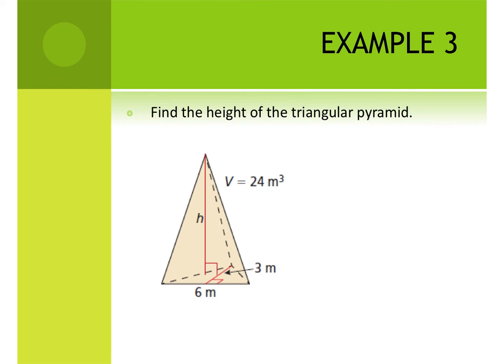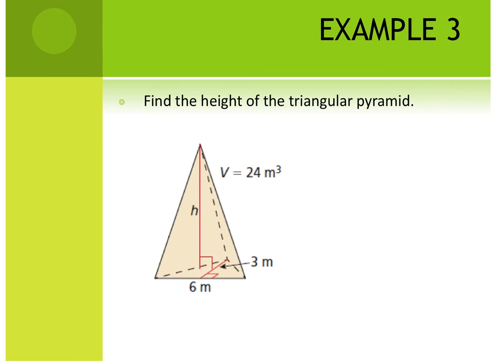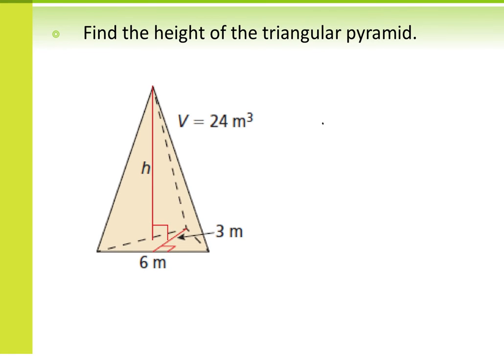Let's do the same problem, but we don't know what the height is. We're given the volume, we're given the base, we're given the height of the base, but we don't know what the height of the pyramid is, okay? So let's start with the same formula. Volume equals 1/3 capital B times the height. And what's the area of my base now?